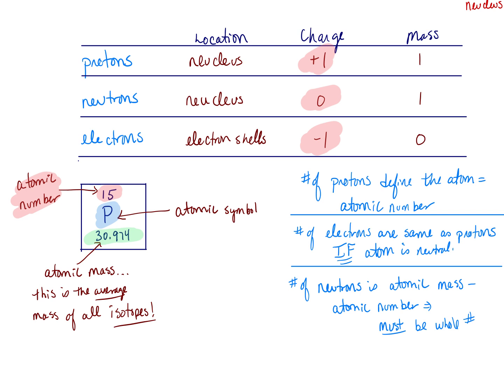So how does that tie in more definitely to the number of protons, neutrons, and electrons? Well, the number of protons is defined by the atom, so that's the same thing as the atomic number. In this case, that would be 15, right? If we're looking at the number of electrons, for the purposes of this class, we're not going to get into having too many positive and negative charges. What we're going to look at is if the number of electrons and protons are the same, that means the atom is neutral, so there's no charge.